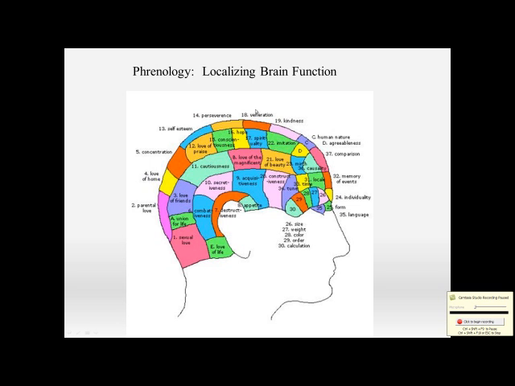So, for example, if somebody had a nice lump on their skull right up in this area here, it might be determined that they had a lot of perseverance, that they could stick with something, had a great work ethic, whereas lumps a little closer to the front of the skull seem to be associated with people who were very kind. And you can see there are different kinds of things here, like cautiousness and love of friends and love of life, etc.